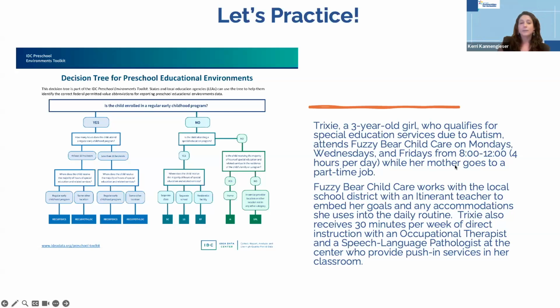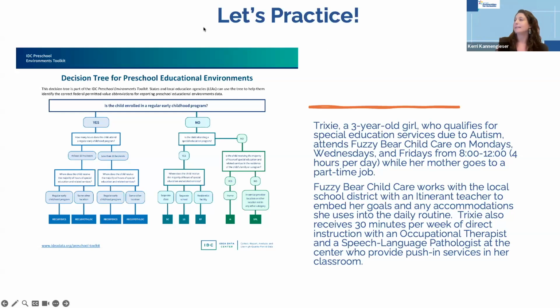The childcare works with the local school district with an itinerant teacher to embed her goals and any accommodations she uses into the daily routine. Trixie also receives 30 minutes per week of direct instruction with an occupational therapist and a speech language pathologist at the center who provides those services in her classroom.